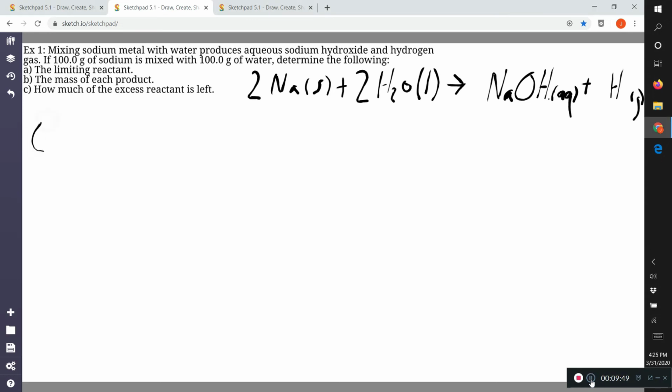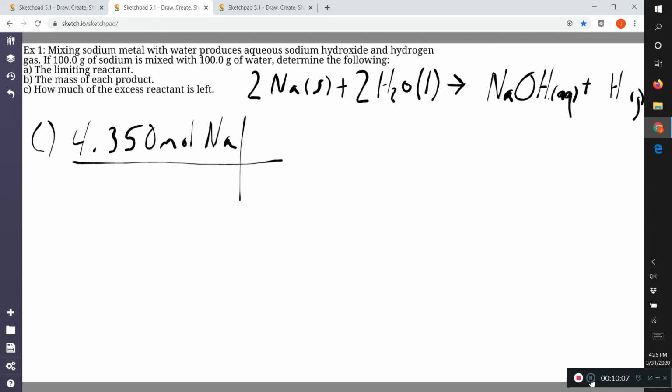So part C. Well, we know that if we have a limiting reactant of 4.350 moles of sodium, we can use molar ratios to determine how much of the water we will actually use.